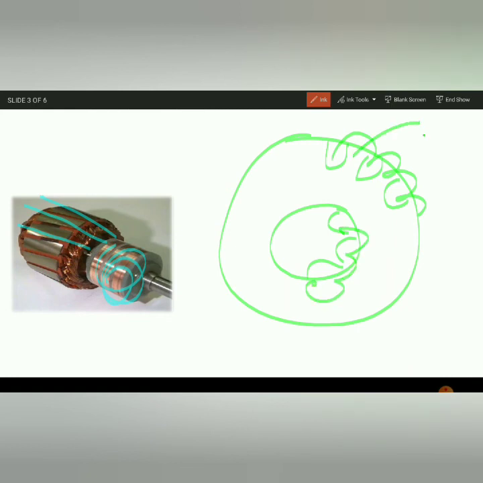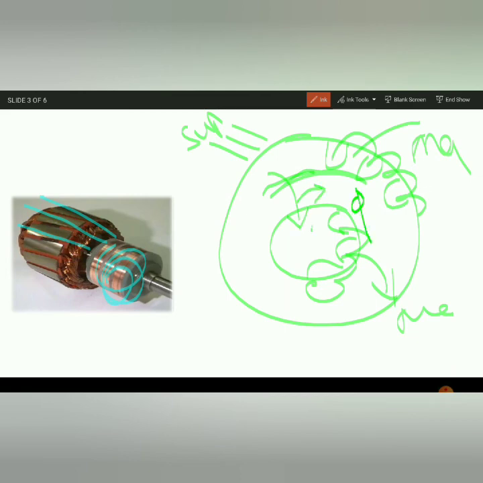The stator carries a magnetic field, and the rotor also carries a magnetic field. When we give supply, the flux produced cuts the rotor, and an EMF is induced, by which the rotor magnetic field is created. Approximately, this rotor flux and the stator flux are equal in magnitude.